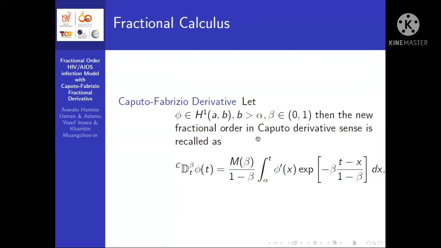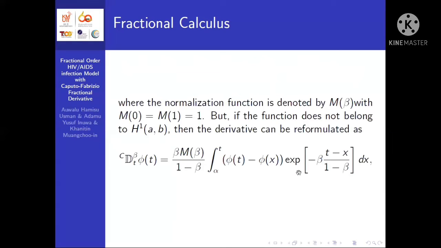Then the new fractional order derivative in the Caputo sense is recalled as this, where the normalization function is given by M of beta, with certain properties that need to be satisfied. But in case the function does not belong to this space, then the derivative can be reformulated as given here.